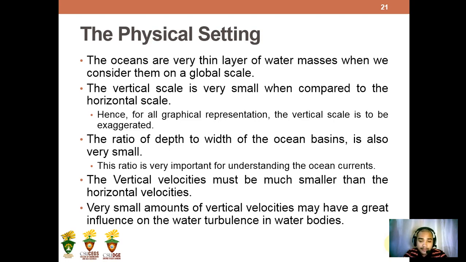And a very small amount of vertical velocities may have great influence on the water turbulence in water bodies. So gamay lang ang movement, gamay lang na changes in velocity of the vertical velocities, it could lead to a great impact and influence on the water turbulence in a specific water body.